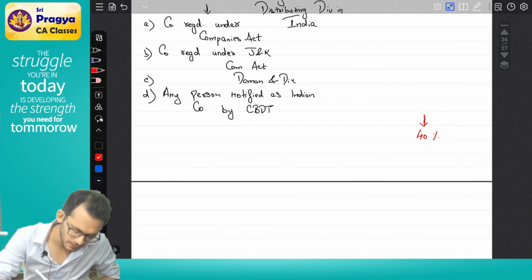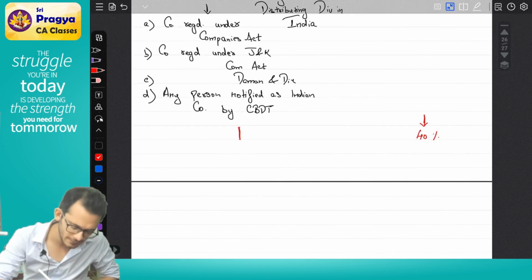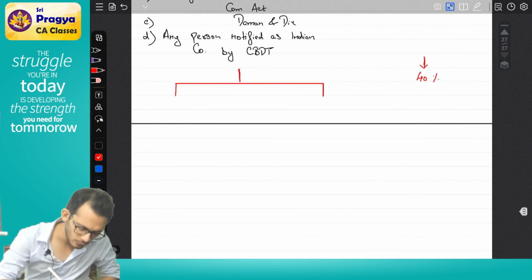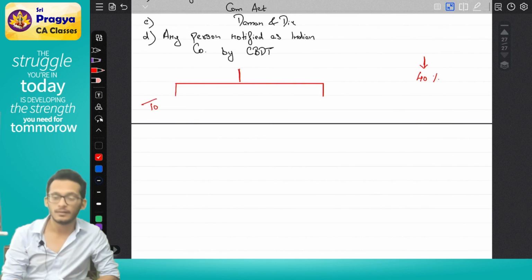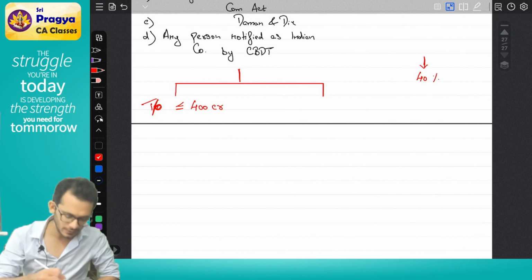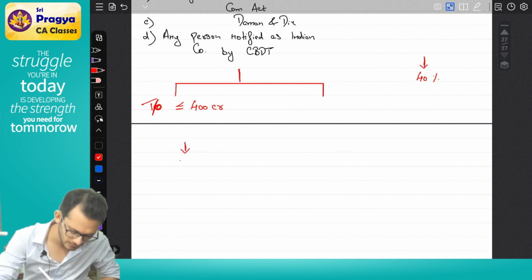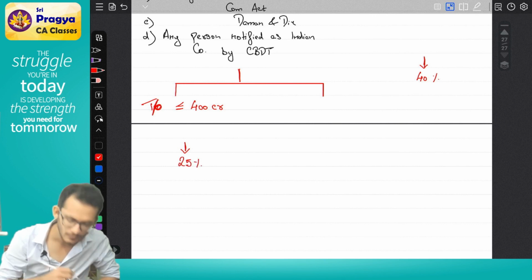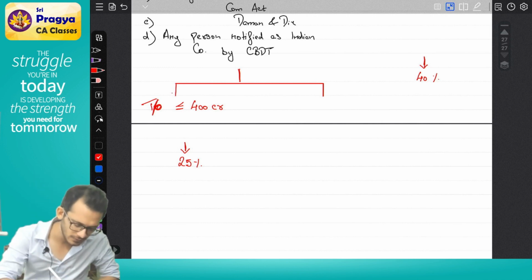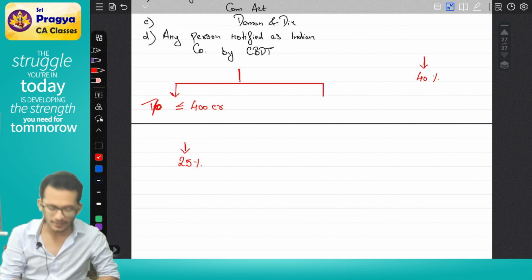Rahul, I am a domestic company. They're asking you two conditions. Tell me what your turnover is. If you tell me that your turnover is less than or equal to 400 crores, I will tell you that the tax rate is 25%.